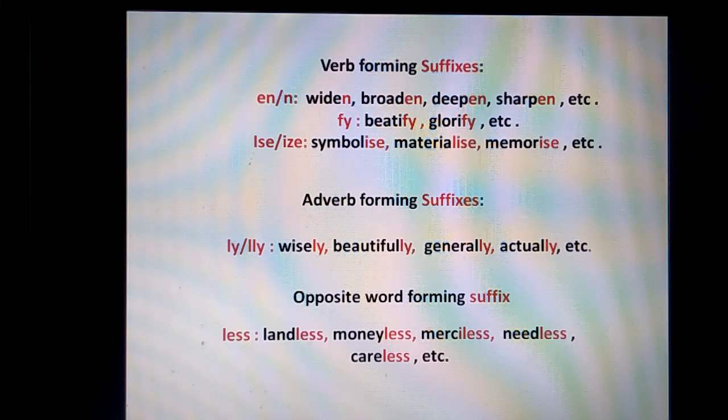This is an opposite word forming suffix, and these are the opposite words: landless, moneyless, merciless, needless, careless, etc.